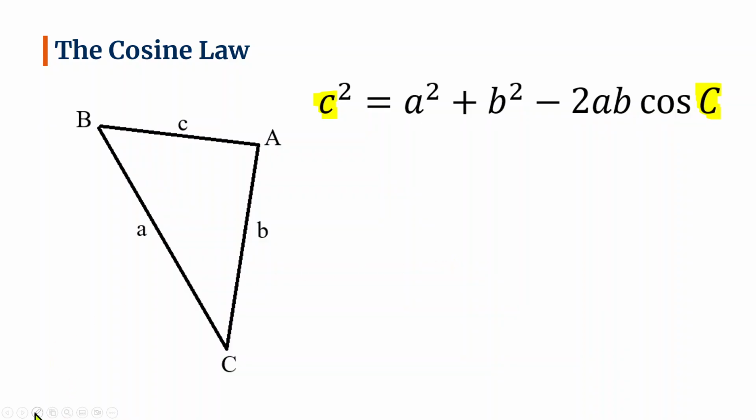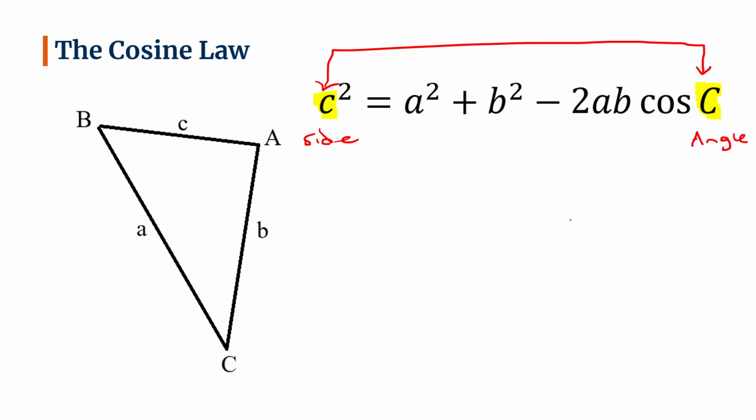So one of the most important things about setting up the cosine law is that you have to match these two letters. So this is side C and this is angle C, and they have to be the same letter. Now the other two letters are both lowercase, so they're both sides, and they're just the other sides.